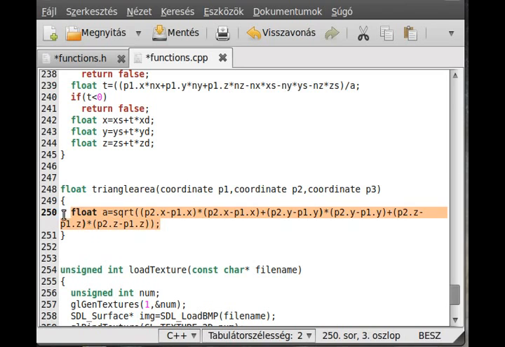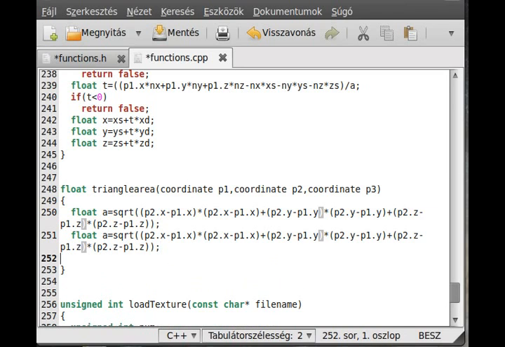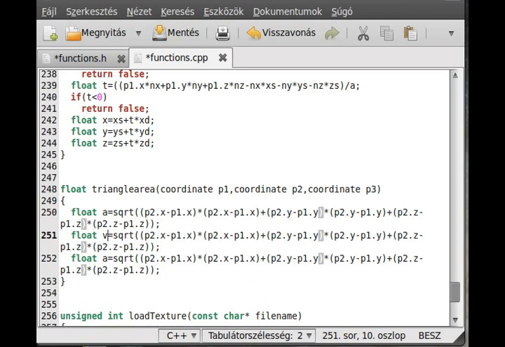Okay, I do the same with B and C. This is called B, and this is called C. The only difference is that these are the other two sides.